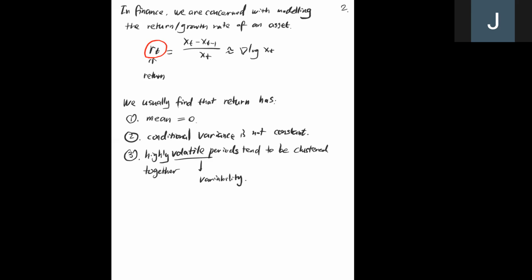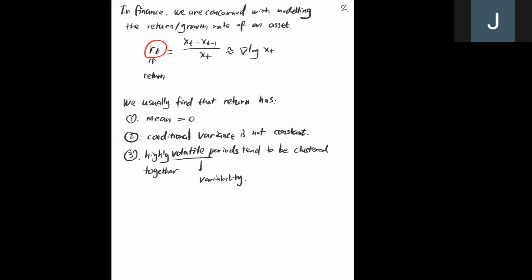Okay, so the question is how can we model these 3 properties? The bottom line is that it looks like the ARMA model perhaps is not a very good choice. The reason is that the conditional variance in the ARMA model is a constant. It does not depend on time.